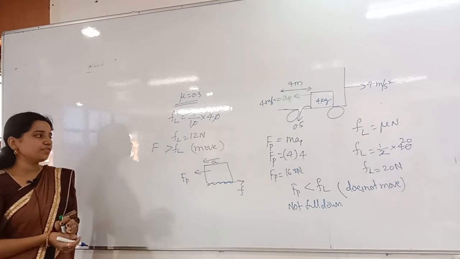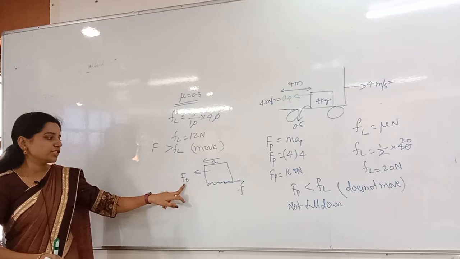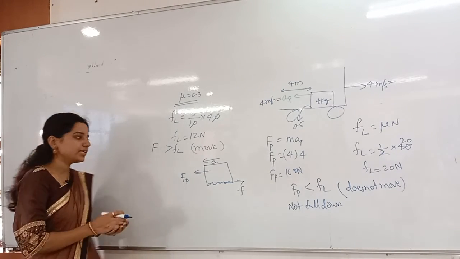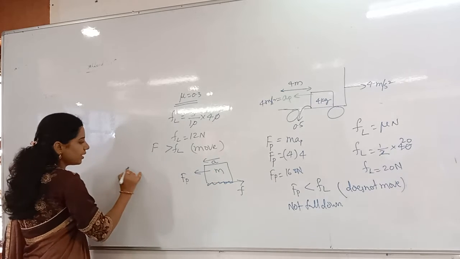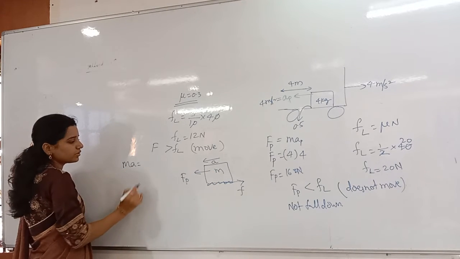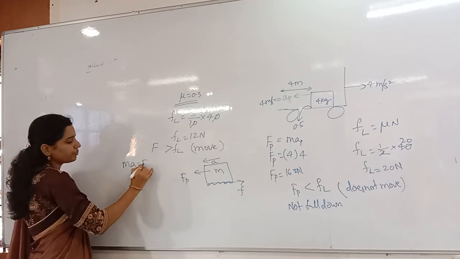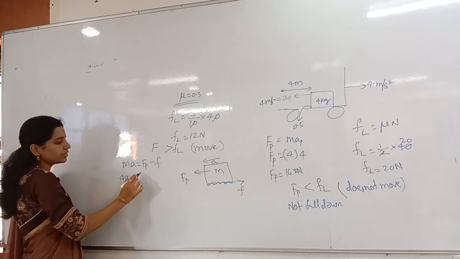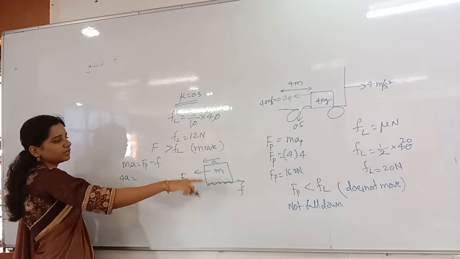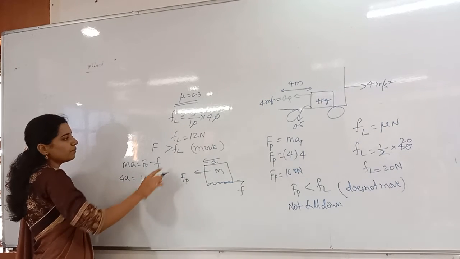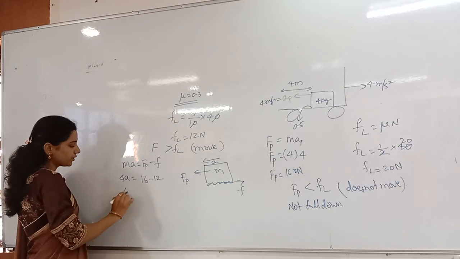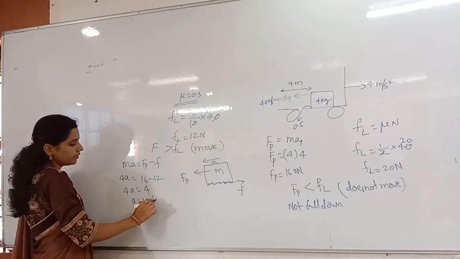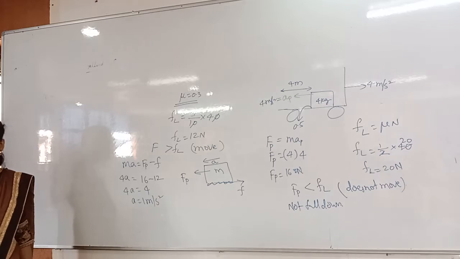Now the net force is how much? 16 minus 12, that is 4 only. Write the equation for ma. ma is equal to Fp minus frictional force. So 4a is equal to 16, the pseudo force, minus 12, the frictional force. Then 4a is equal to 4, then a is only 1 meter per second square.